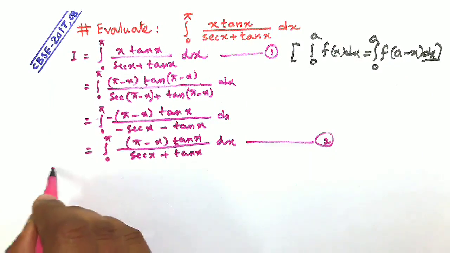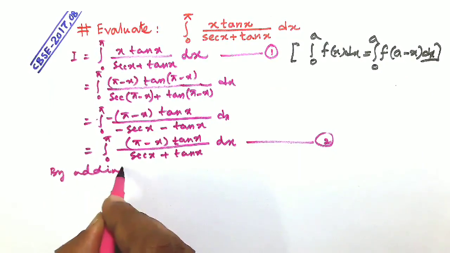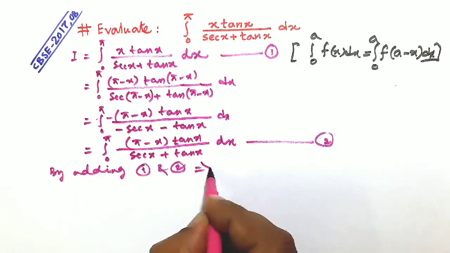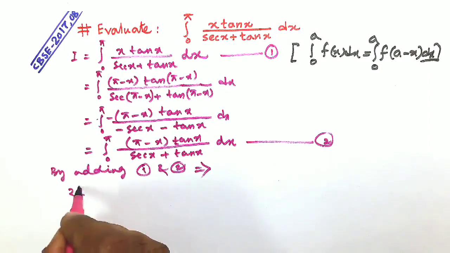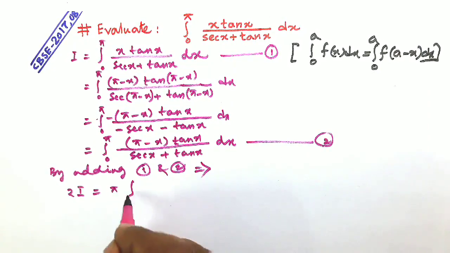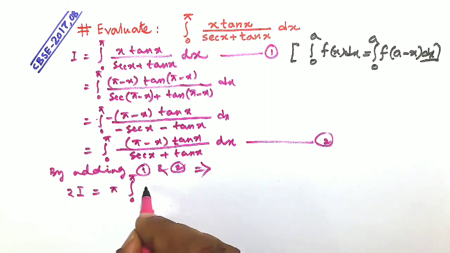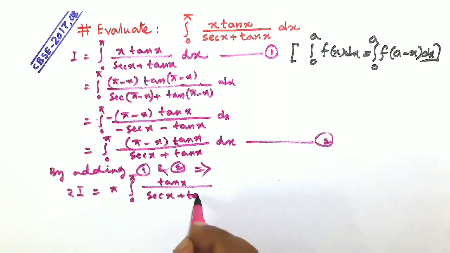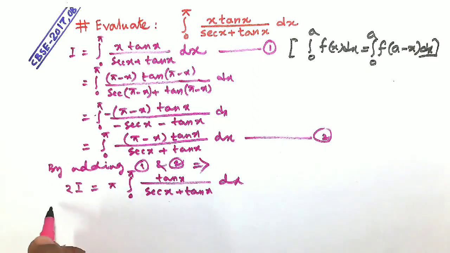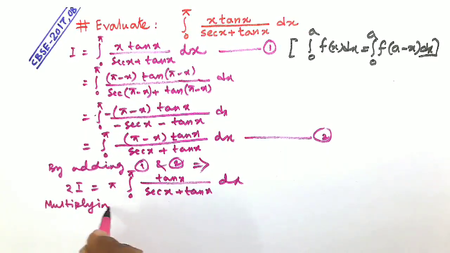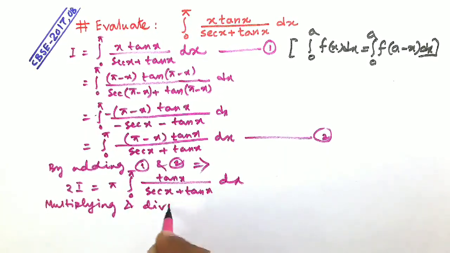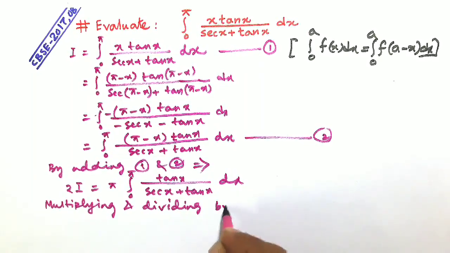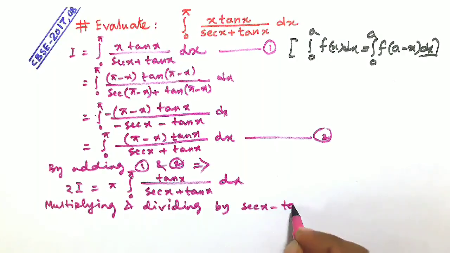Now friends, by adding 1 and 2, we get 2I is equal to pi integration 0 to pi tan x upon sec x plus tan x dx. Now the next step is very important. Multiplying and dividing by sec x minus tan x.